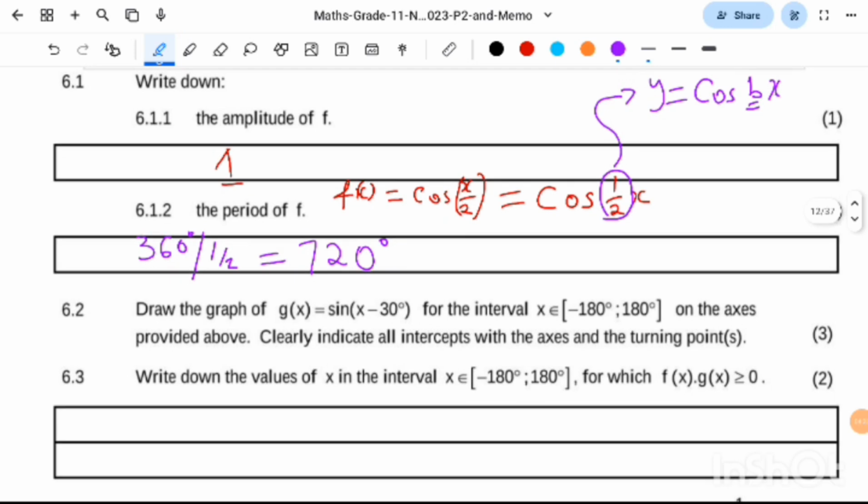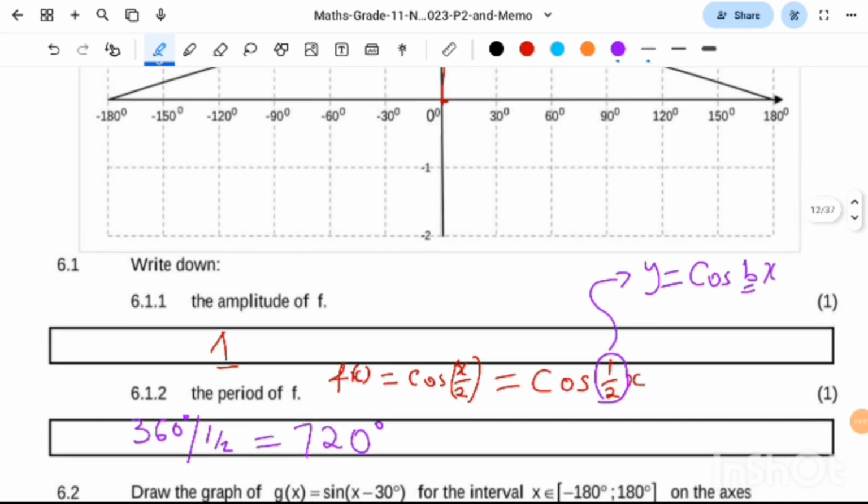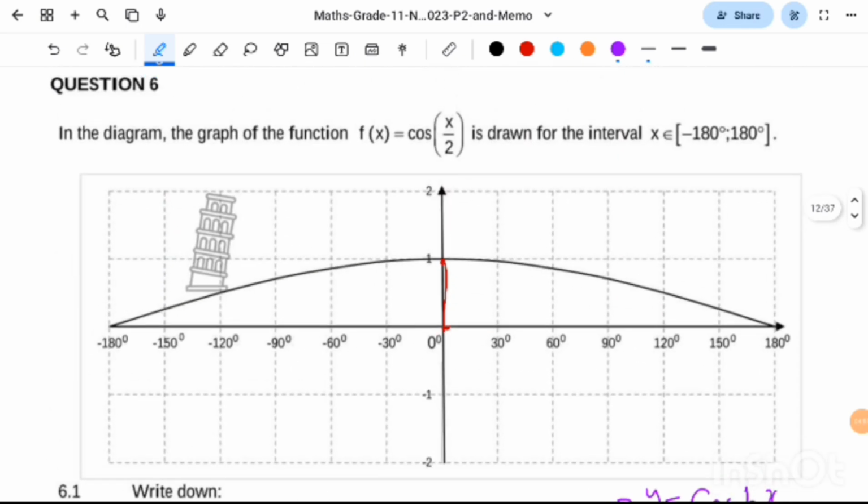The next question says, draw the graph of g of x is equal to sine x minus 30 degrees for the interval that we are given on the axis provided above. Clearly indicate all intercepts with the axis and the turning points. So here we are told that we must draw the g of x graph on the same axis.